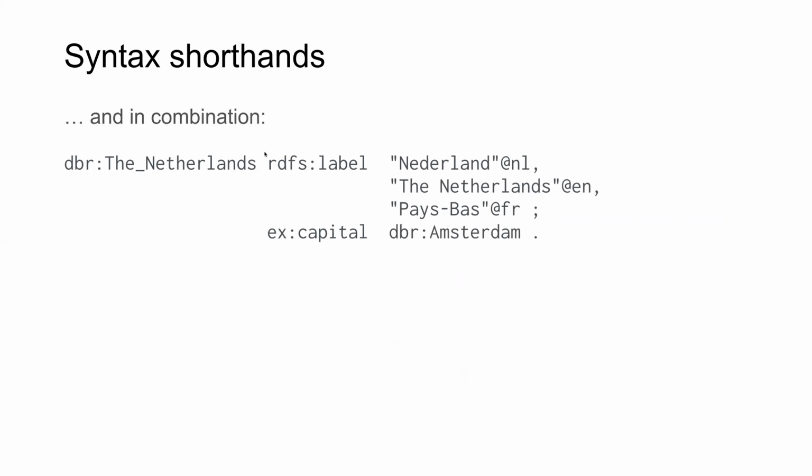This means that the Netherlands has multiple labels. Then you say Nederland, comma, the Netherlands, comma, Pays-Bas, semicolon. Then the predicate changes, and therefore this is why you use semicolons. And then you close your final statement with a full stop. So this is the notation that you will see and you will learn with practice. If it gets too complicated, you can always write your triples in an extended format.